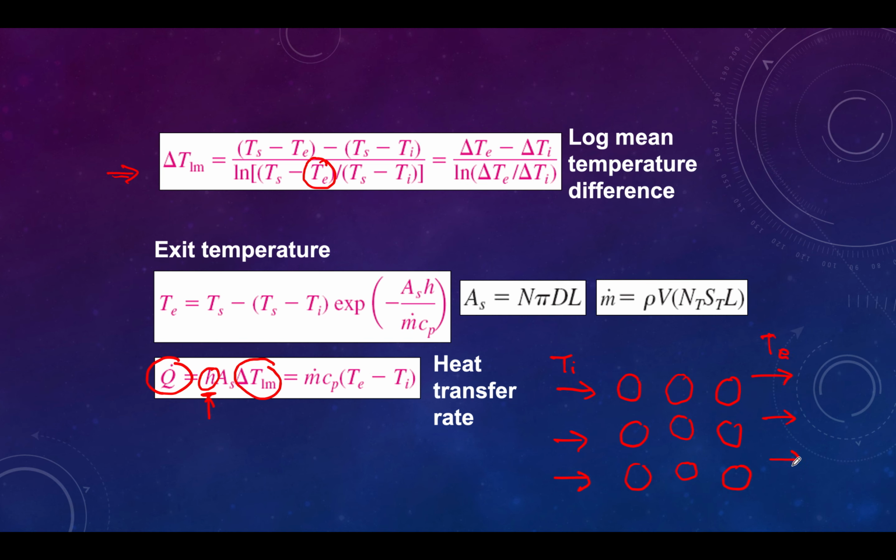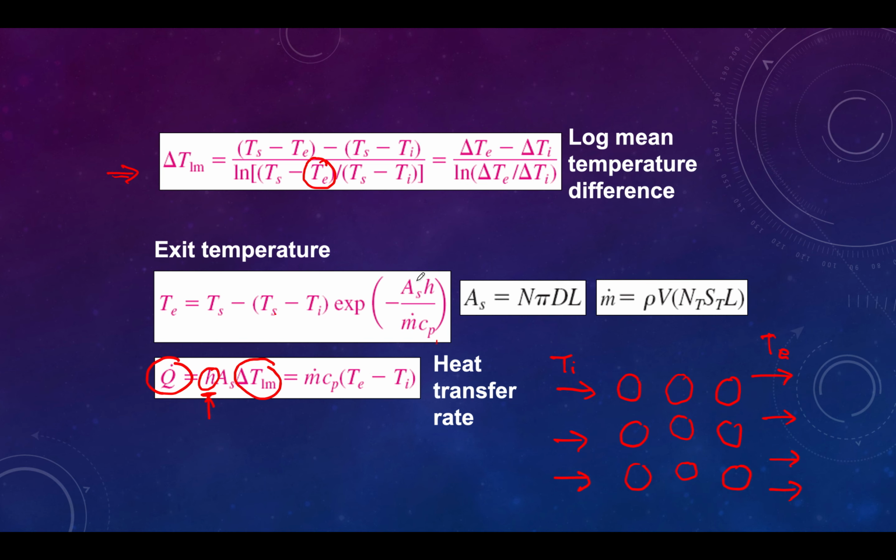So how to find the T exit? Therefore, we have to use this equation: exit temperature, T exit equals Ts minus (Ts minus Ti) times exponential of minus As times H over m dot Cp.